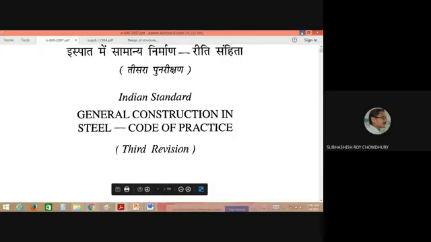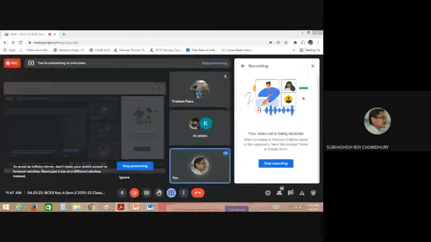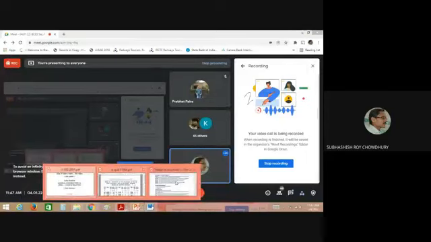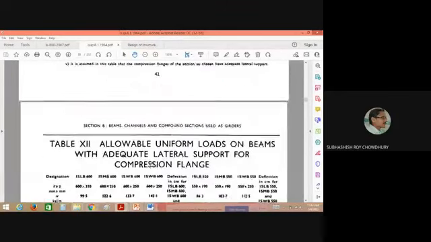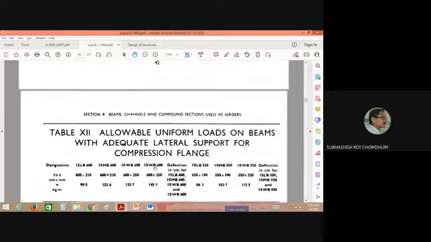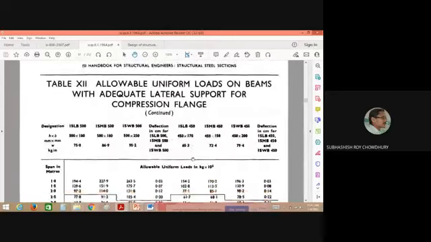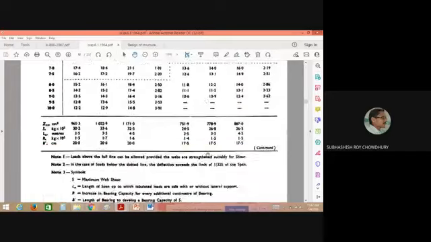So when you consider the present method of design, obviously this data will not be very useful. But there is another particular page I am trying to show you. Just a minute.